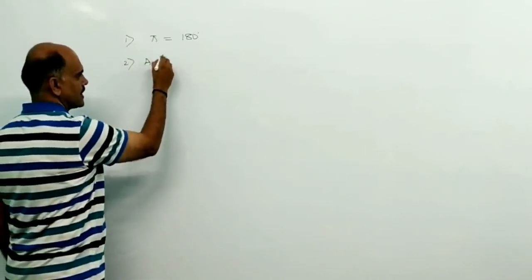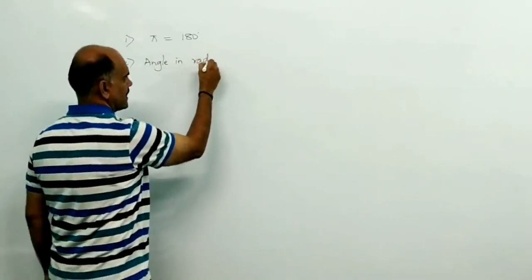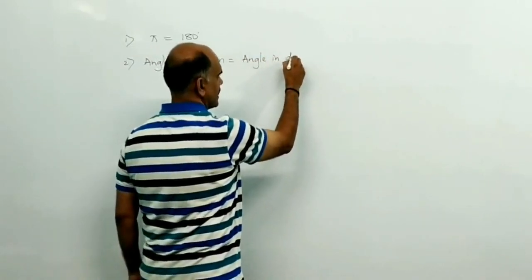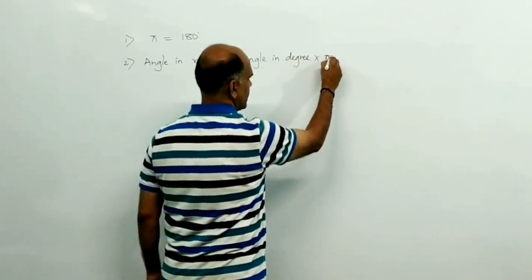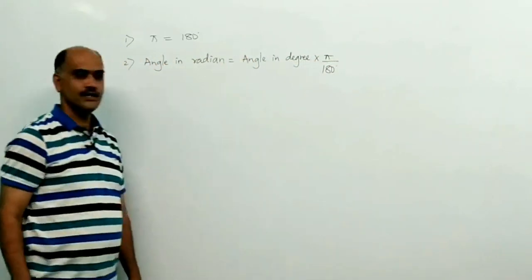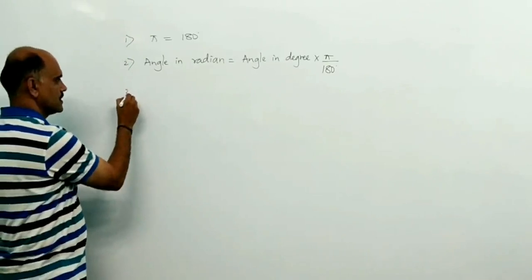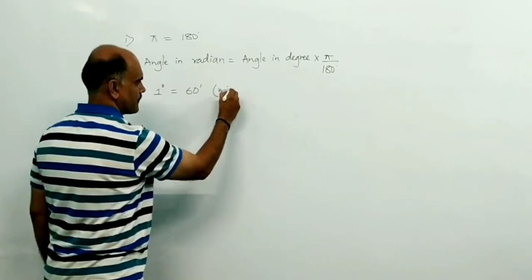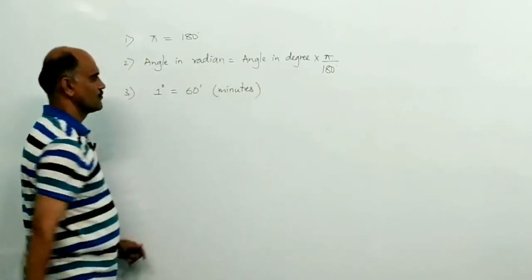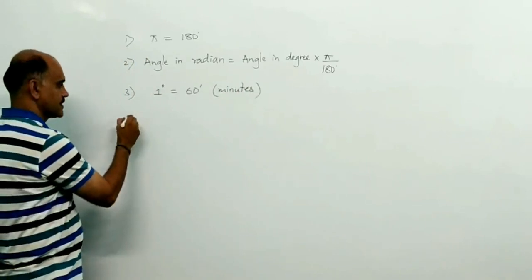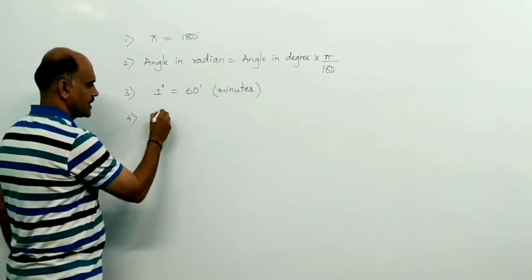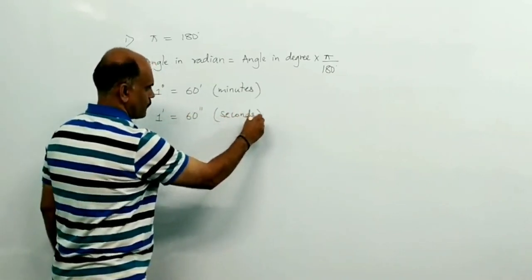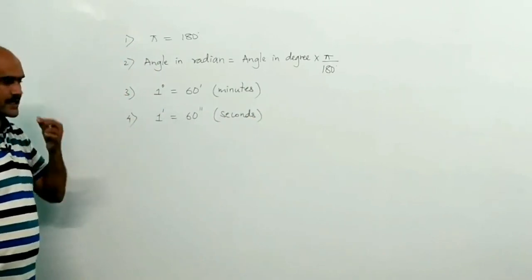Angle in radian is equal to angle in degree into pi by 180. Third, 1 degree is equal to 60 minutes. Then fourth, 1 minute is equal to 60 seconds.